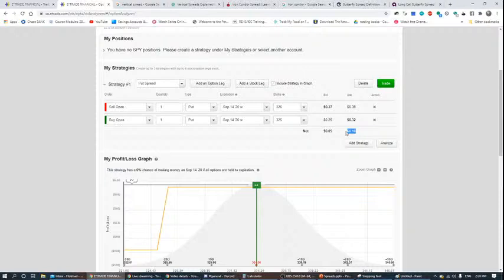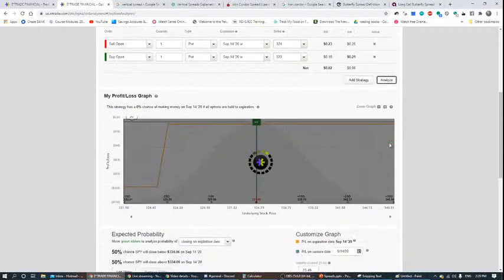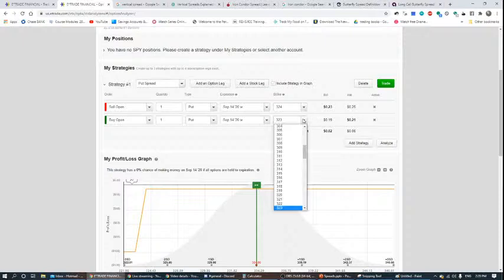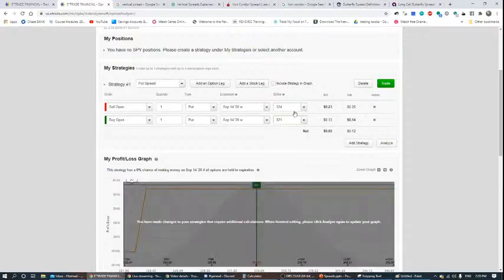Here I get the ask is 10, but the bid is 5. So I look at this as too little credit because I got paid commissions. What I could do is make this wider.